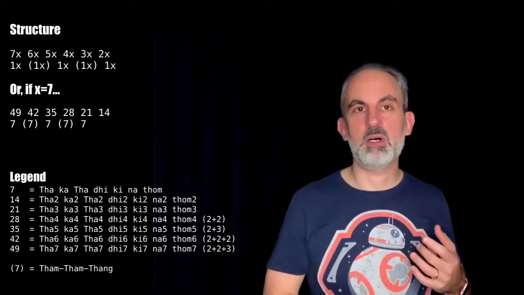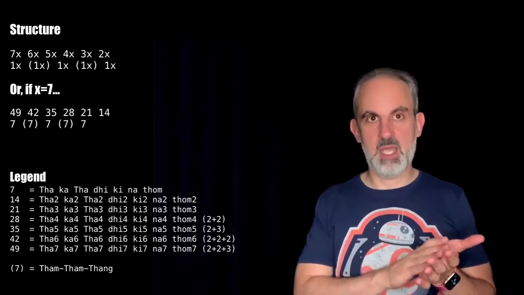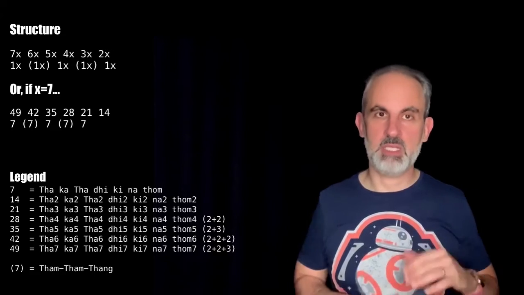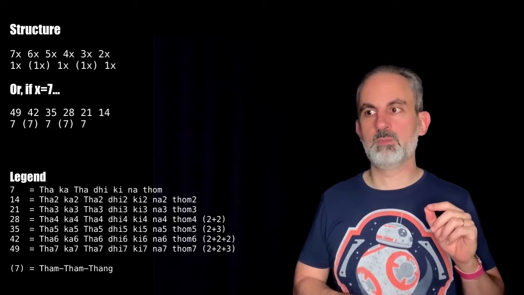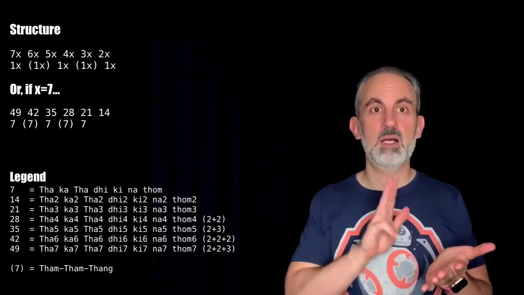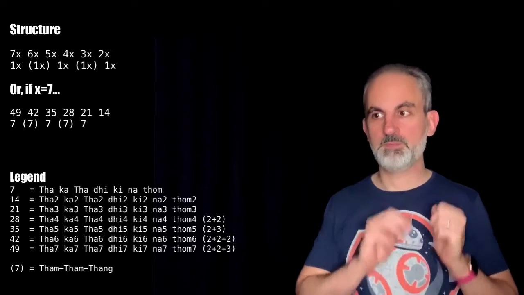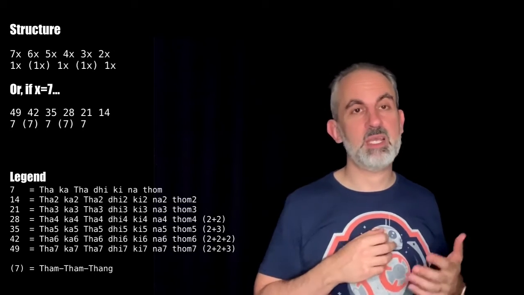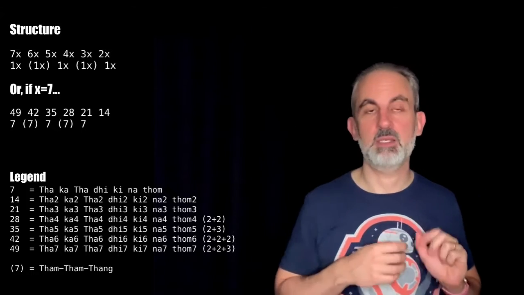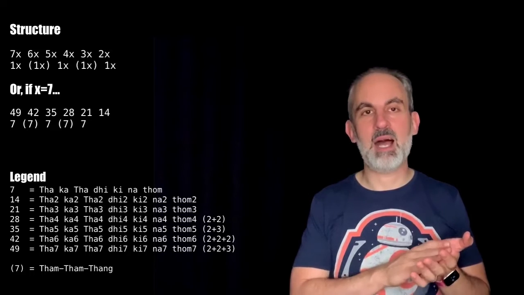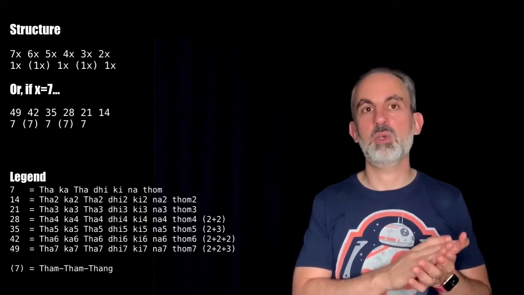Then the 21 is ThakaThadhikinathom, so that each beat lasts 3. Then the 28 is ThakaThadhikinathom. And the 35 means that each syllable in ThakaThadhikinathom will last 5 beats, giving us ta-a, ka-a, ta-a, dhi-i, ki-i, na-a, to-om.